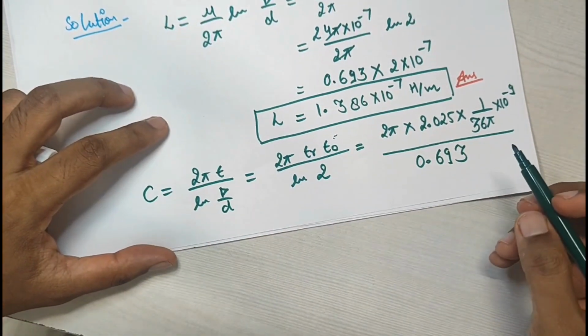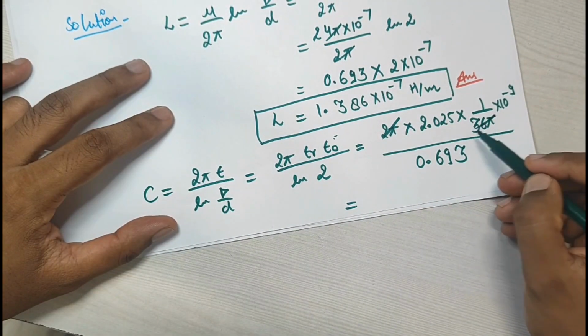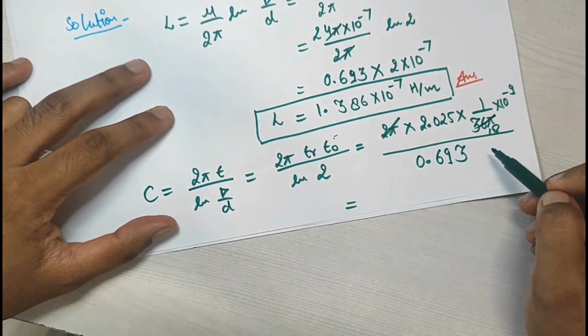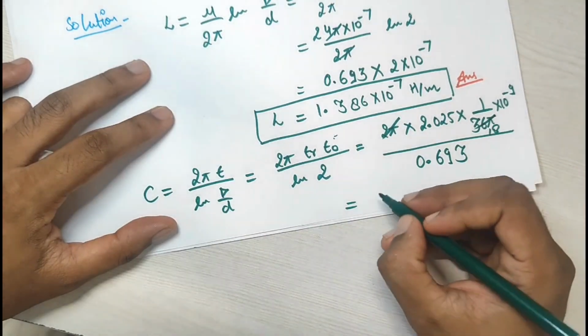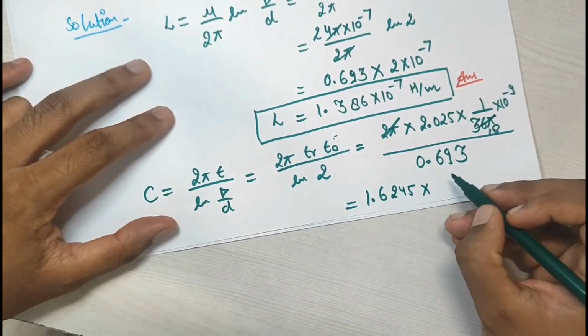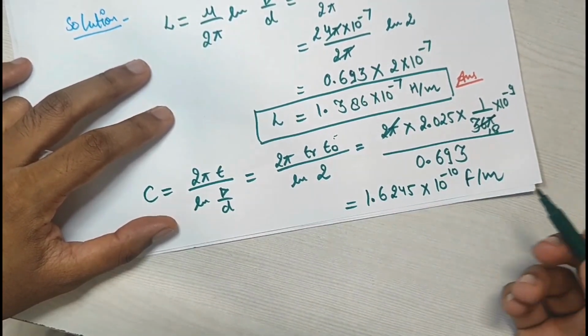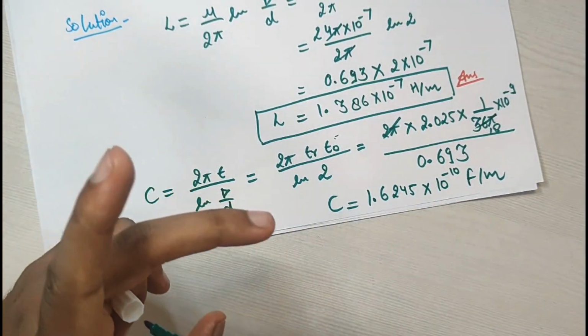After calculating, we will get 1.6245 into 10 to the power 10 per meter. We have calculated C also.